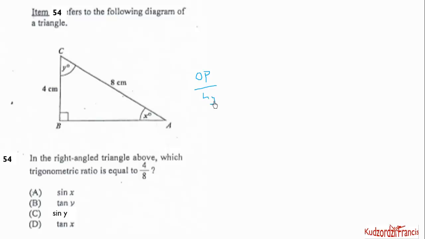Let's check and see if sine x will give us that result. So we know sine x will be equal to opposite over hypotenuse, which is BC over AC. Now BC is 4 and AC is 8. Therefore, the correct answer is option A.